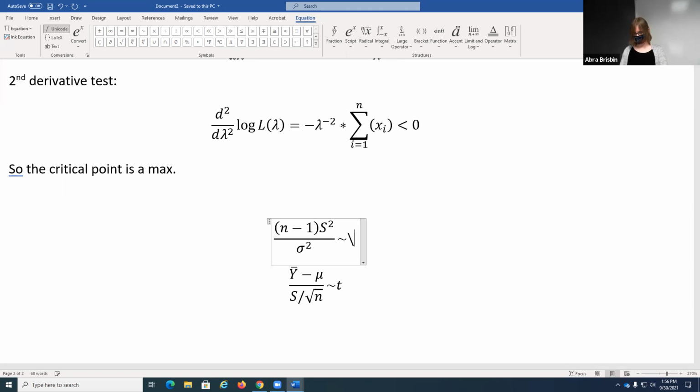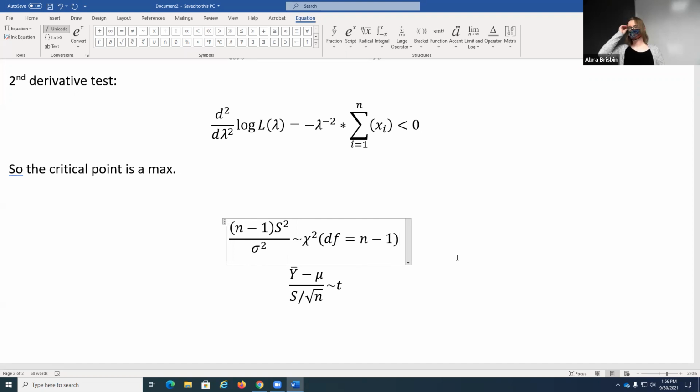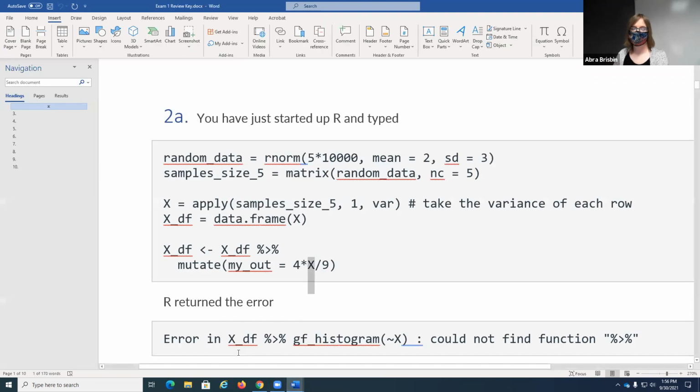That has a chi-squared distribution with n-1 degrees of freedom. So now let's go back and compare this with the code. We have our S squared is our X, times 4.